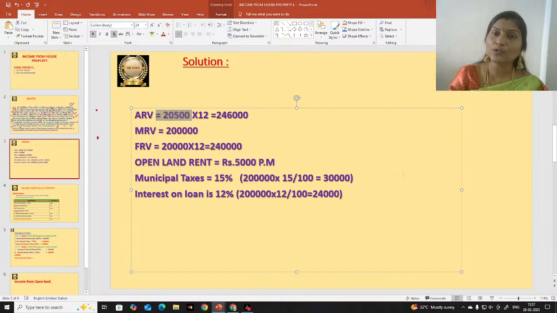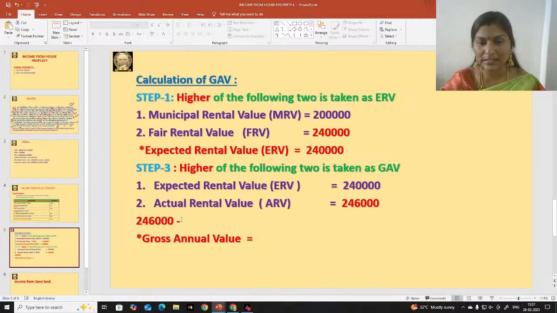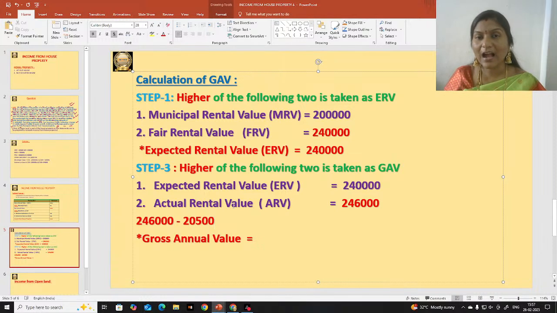So the house is vacant for 1 month, so he did not receive 1 month's rent. That should be taken here. If 2 months' rent was not received, we should take 2 months' rent. Here only 1 month's rent was not received, so we are going to deduct 20,500 from the amount we selected. First in the third step we should select the highest one. ARV should be taken for 12 months. Expected rental value we select from the previous step, and we select the highest one.